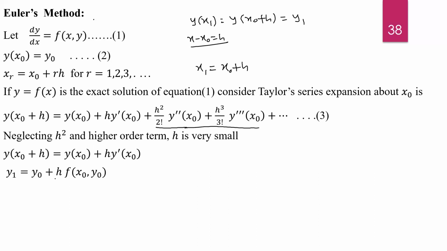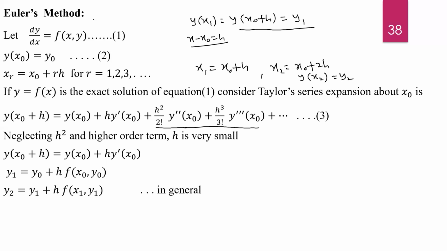Now here, the value of y at x0 plus h is y1. See here, we already discussed. It is equal to y0 plus h times the function at the initial point. Now for x2, that is x0 plus 2h, the value of y at x2 is y2.